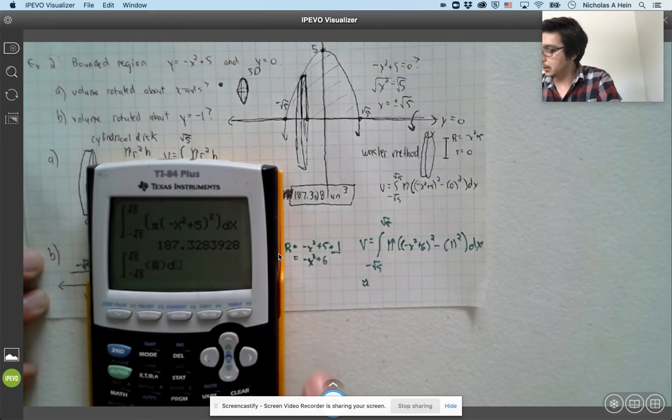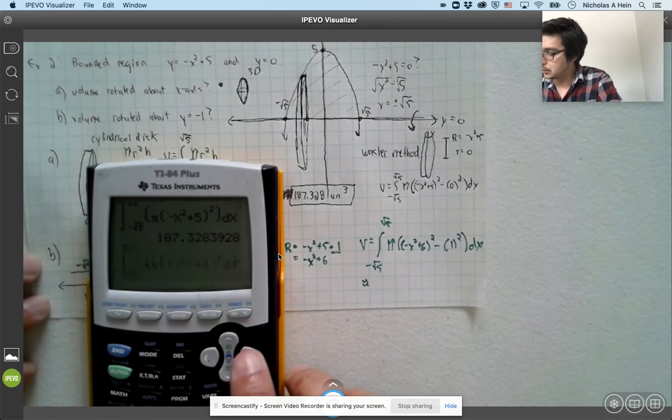Hopefully it is. And it's going to be pi times your outer radius squared, which is negative x squared plus 6, minus your inner radius squared, which was 1 squared, dx. There you go.